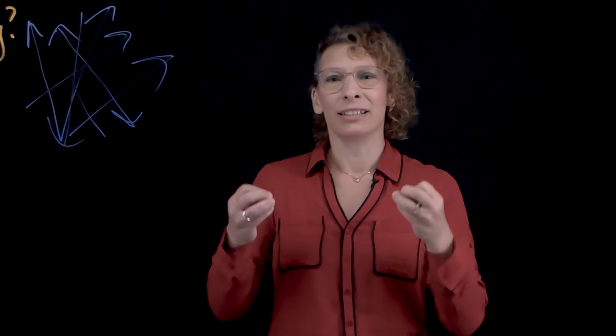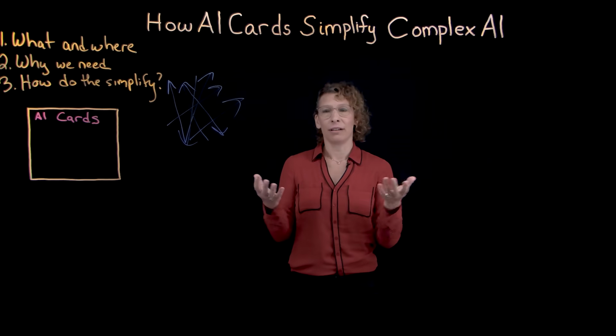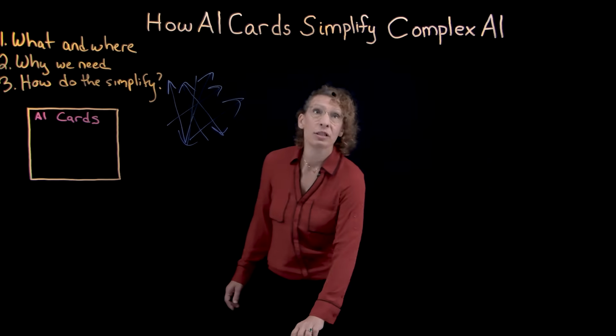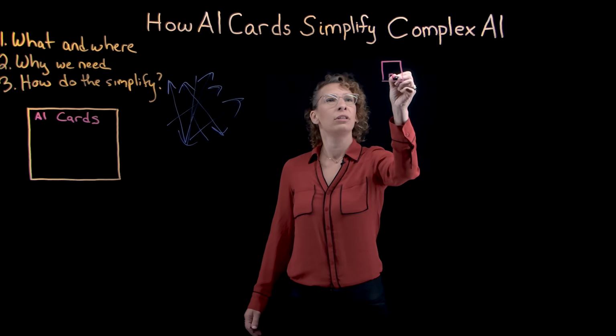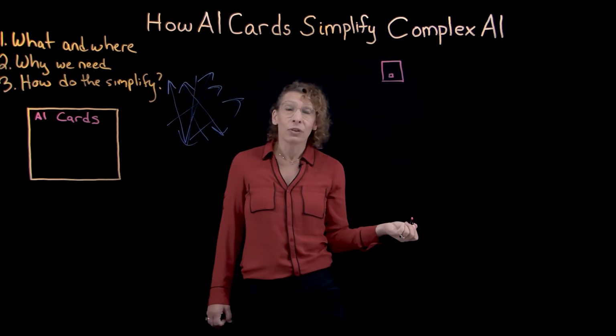All right, so an AI card is sort of physical. Depending on the type of card it is, you may be able to hold it in your hand. But really, it is a piece of hardware that is designed to accelerate AI. These cards can be as small as a special piece of silicon built into your processor chip itself.